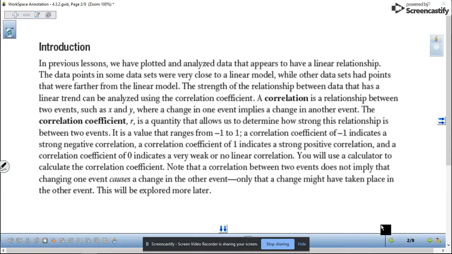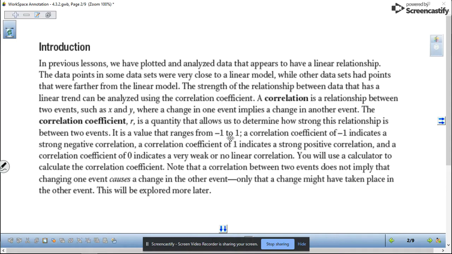And the value for R is always going to be between -1 and +1, okay? That's all you'll ever get for R. And again, that'll come from the calculator. You're not going to have to calculate it by hand. So if it's between 0 and 1, that implies a positive slope. Okay, it doesn't mean the slope is between 0 and 1.